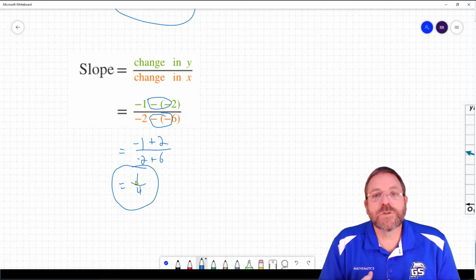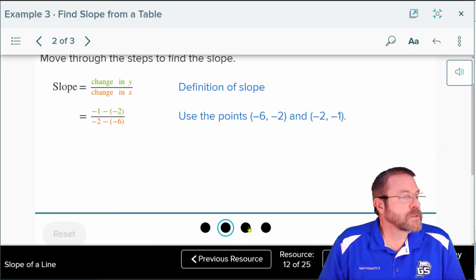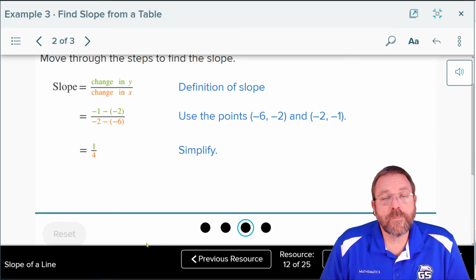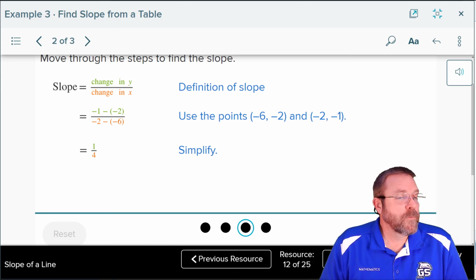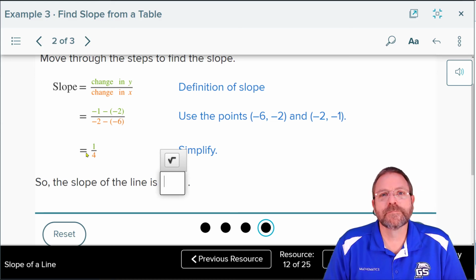That's going to give you a slope of 1/4. Now, if we jump back over here to the textbook, you can see that they just went boom, 1/4 without making the ugly problem pretty. Don't do that. You're going to make mistakes. And from there, of course, you could type in the 1/4 for your answer, but why bother? They gave it to you right here.